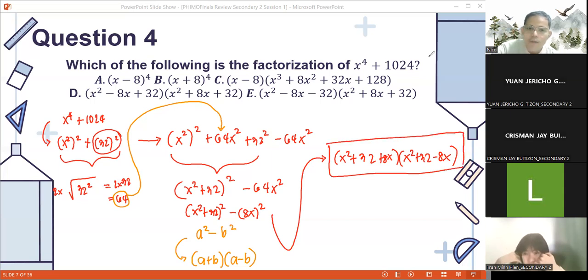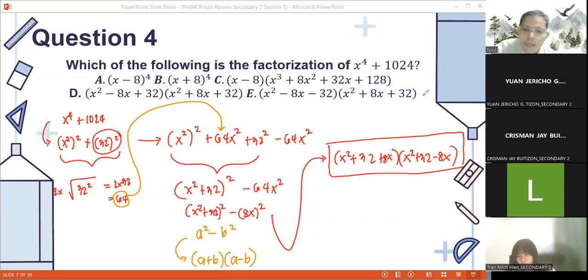So from the binomial x to the 4 plus 1024, we made it into factors. And these factors have a low degree of x squared, so the highest degree here is only 2, which is the square from the x.